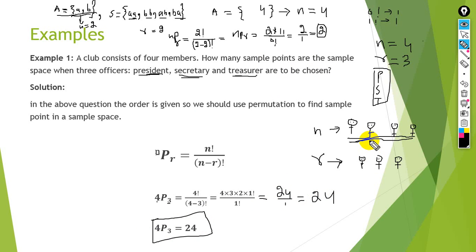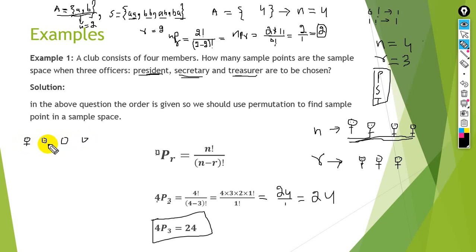But here one thing should be kept in mind: here we need an order. What is order? Here we said that one should be a president, the second a secretary, and another a treasurer. For example, if we have 4 persons, let me clear your mind on this question.